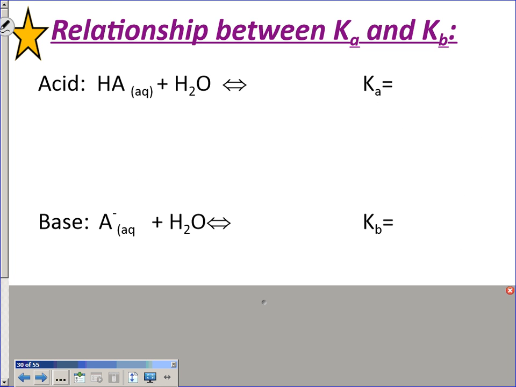So go ahead and write out your Ka and your Kb for these two reactions. You might need to make your own products, FYI. You maybe realize that though.